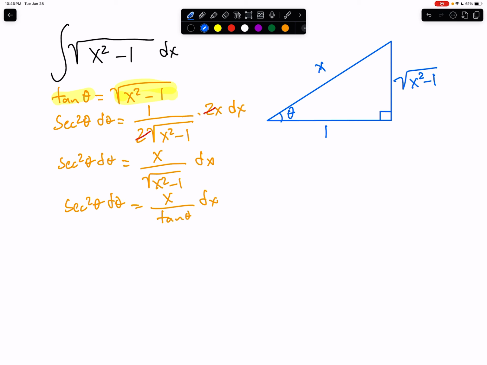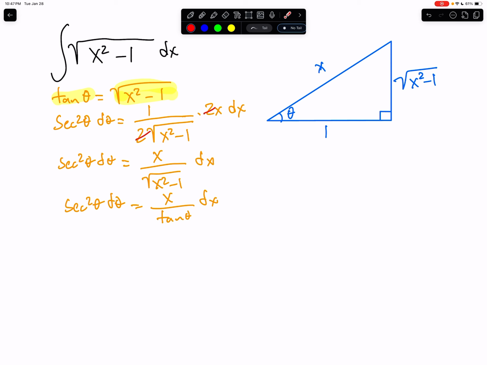So in this case, what do you notice here? We have x in the hypotenuse. x over 1 is what we want, right? What gives us x over 1? Hypotenuse over adjacent. Which trig function is hypotenuse over adjacent? Well, we know that adjacent over hypotenuse is cosine, which is 1 over x.